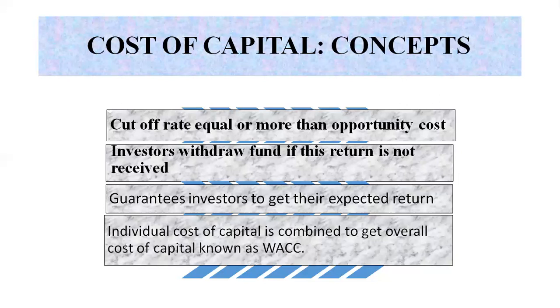Therefore, it is less risky. And finally, when the company is in liquidation, the preferred shareholders will get their principal money back before equity shareholders. So due to this nature, preferred shareholders are considered much less risky than equity shareholders.